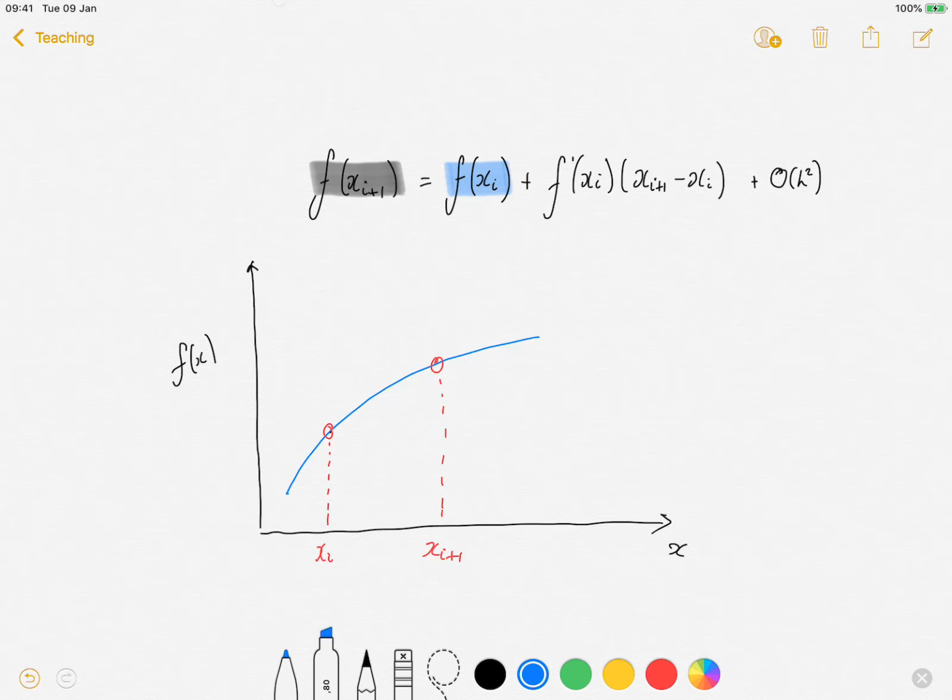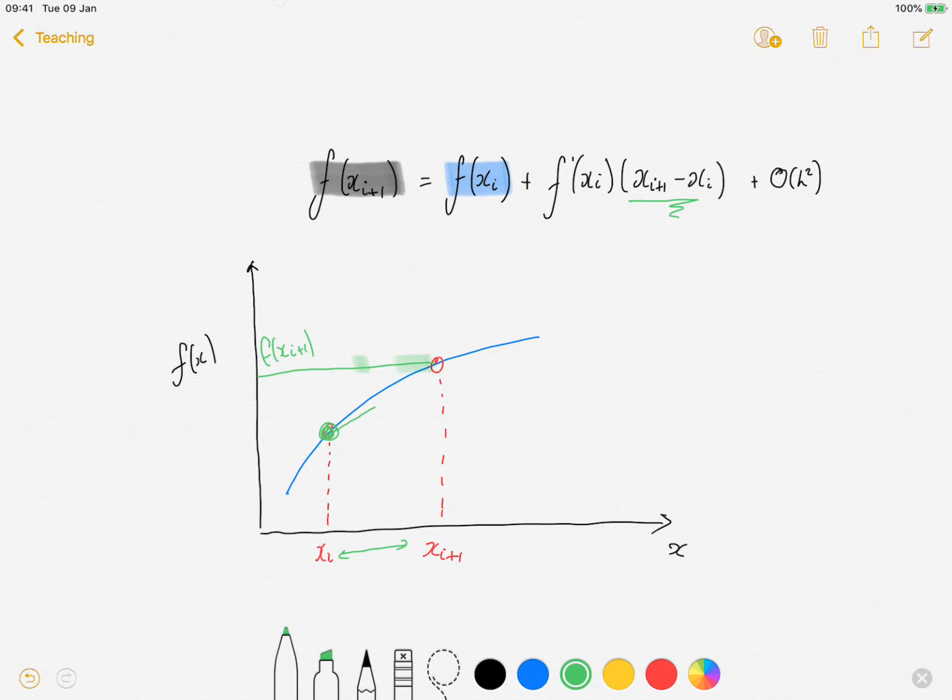So if we had to sketch it, really what we're saying is that the value at f of xi plus 1 is equal to the value at f of xi plus the derivative, which is the slope, multiplied by our step size, which is the difference between x of i plus 1 and xi.